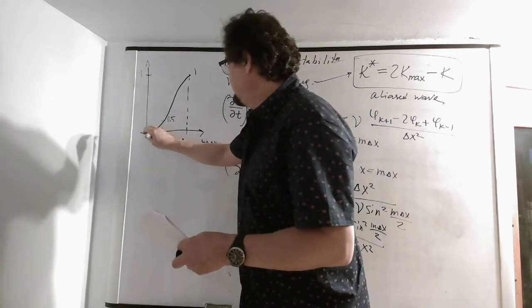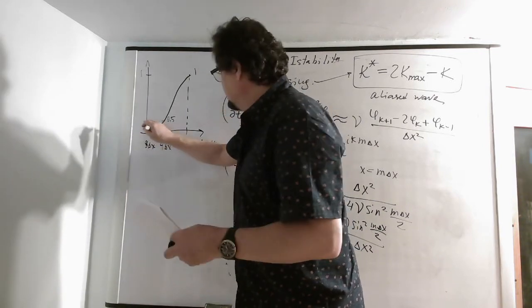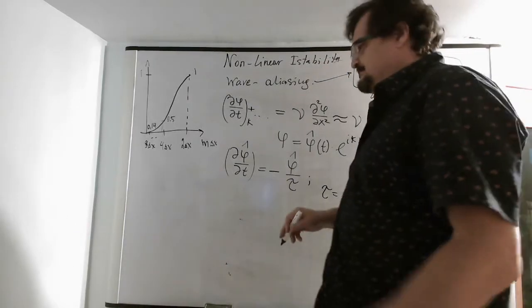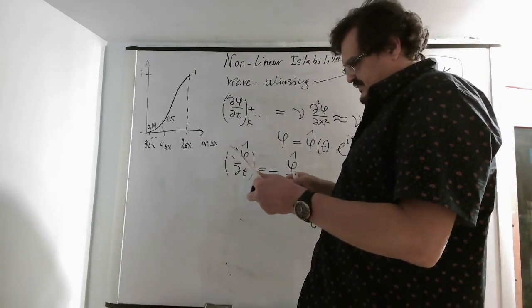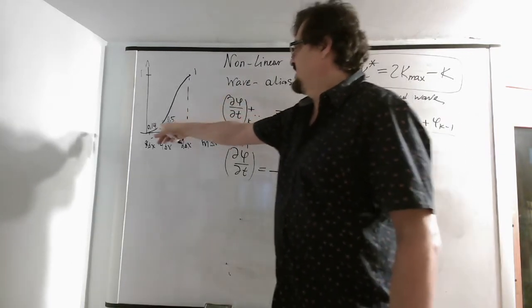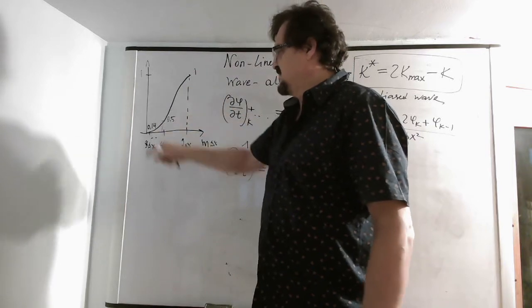For example, 8 delta x waves will be removed at 0.14. Only 14% will be removed in one time step, so much slower than 2 delta x waves.